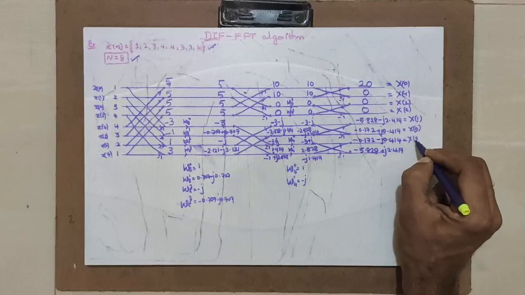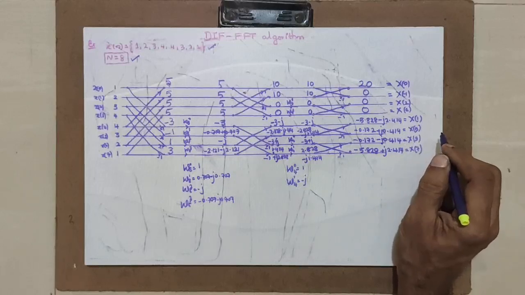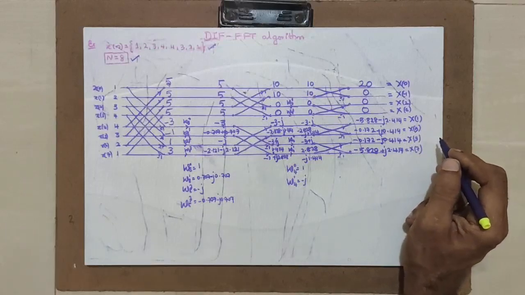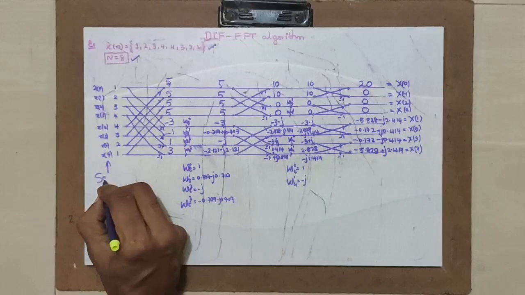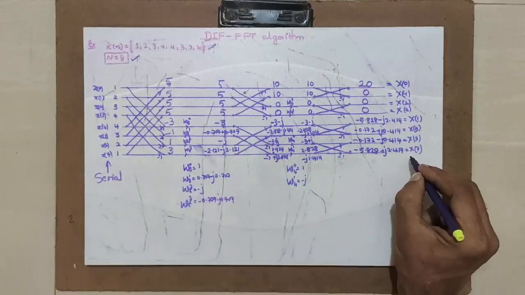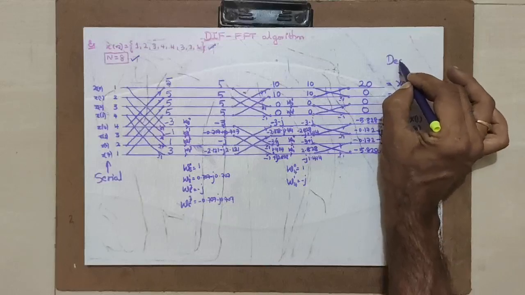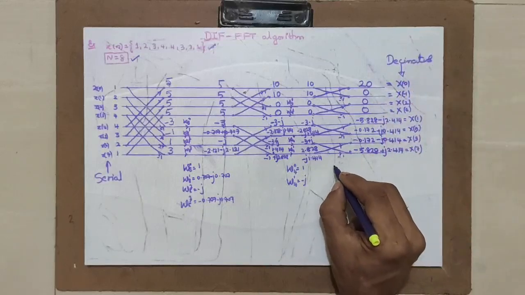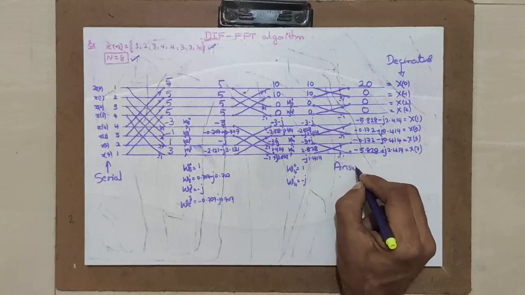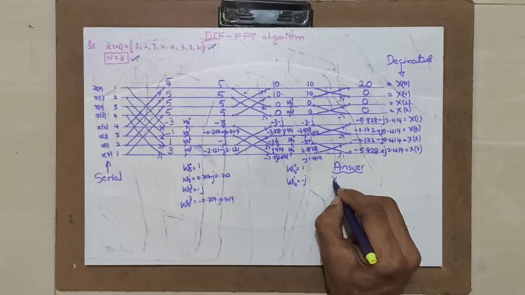This is x3. And this is x7. That's what DIF is all about. This time signal is serial and this is decimated. Hence I will write the answer here in a proper order.